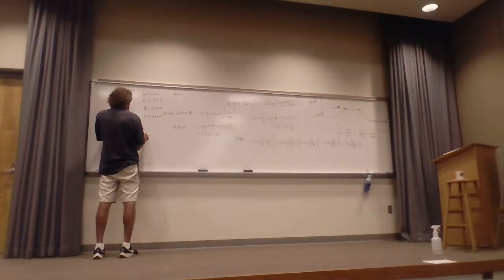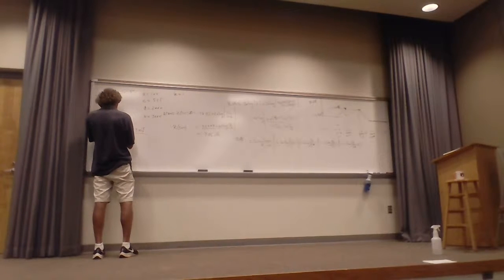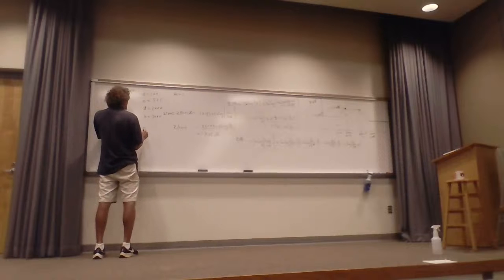Hold on. So that's really going to be 20 times the log of 3 times 10 to the fifth. Then this is going to be negative 10.88.